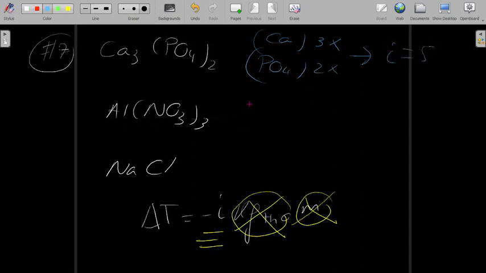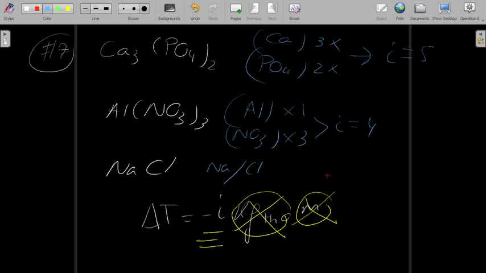What about this one? It says aluminum times 1 is only 1. I put in parentheses too. And NO3, how many does it say it has? 3. That gives you an i of 4. Sodium chloride, well, this is the sodium and this is the chloride, 1 each. So that's a 2.